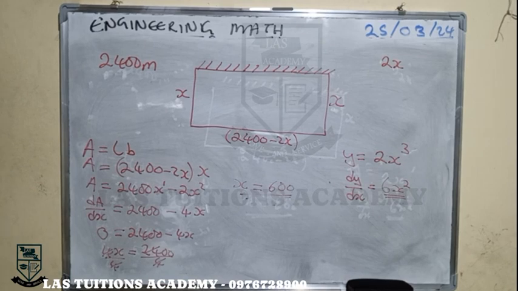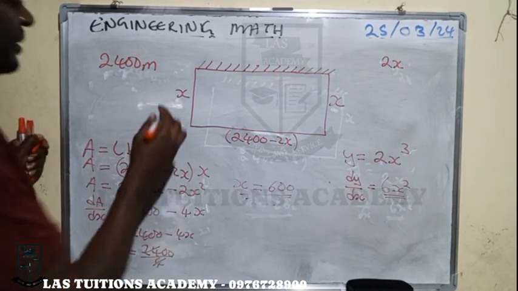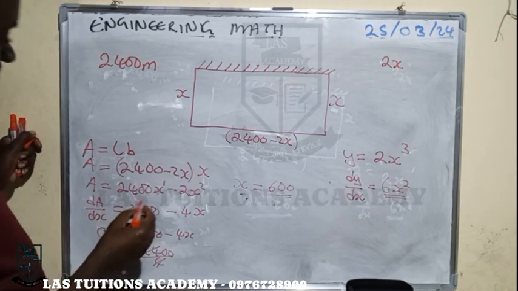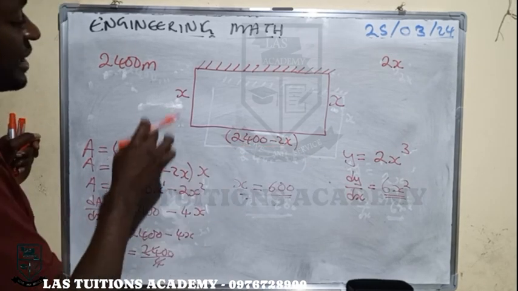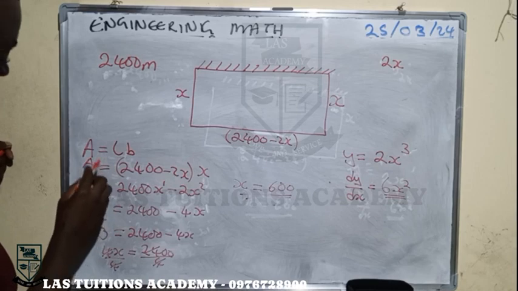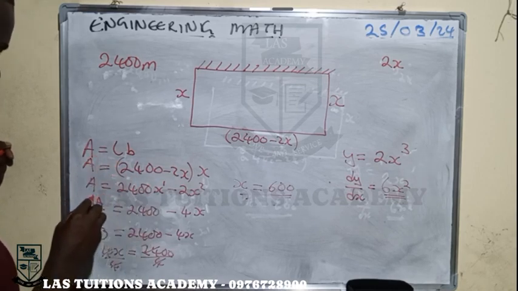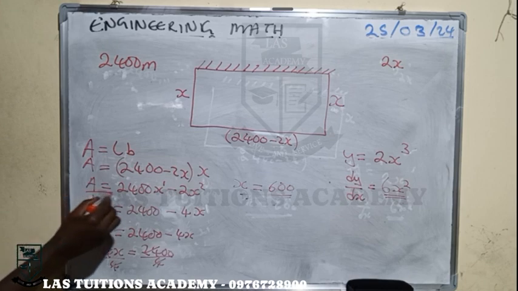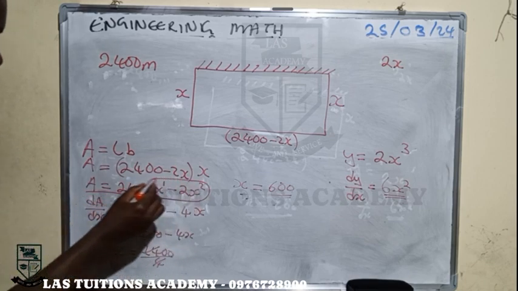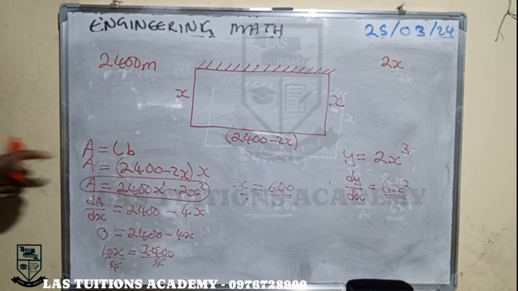So now if the value of x is 600, then what is the maximum area? So area, we are simply saying here where there's x, we need to put 600, or we can come back to the formula for the area here, because it's simply length times breadth.